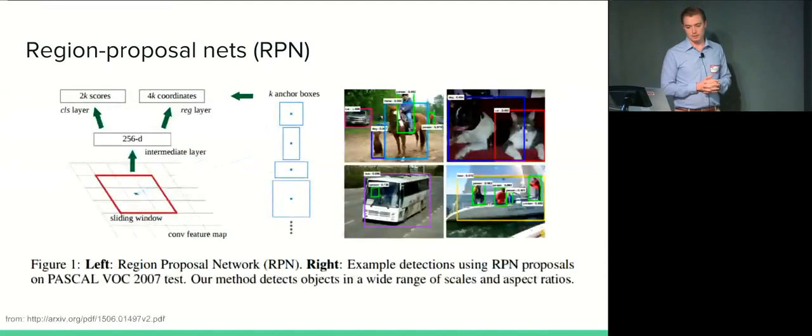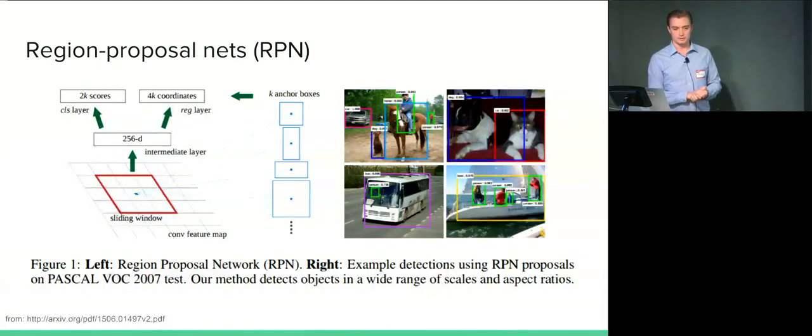The way this region proposal network works is that first you have your convolutional neural network, the same features that you would use for classification. You get your last convolutional layer output. This is the features that you feed into this region proposal network. It's operating in a sliding window fashion on top of the convolved features that are learned.